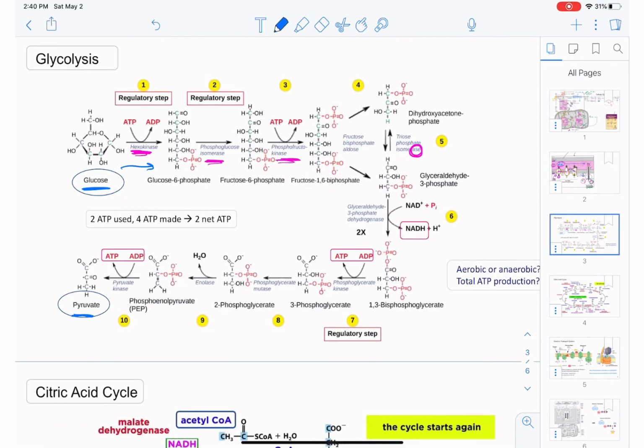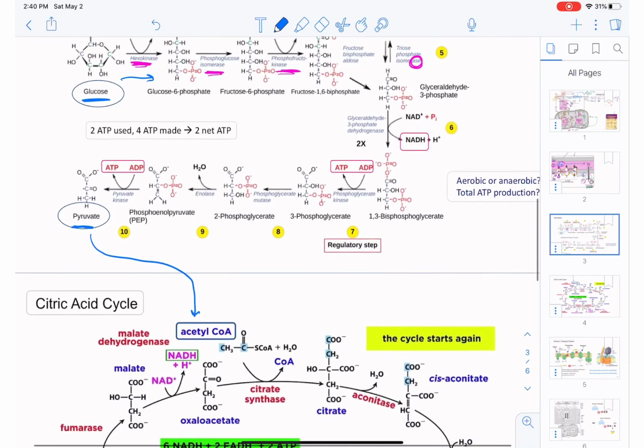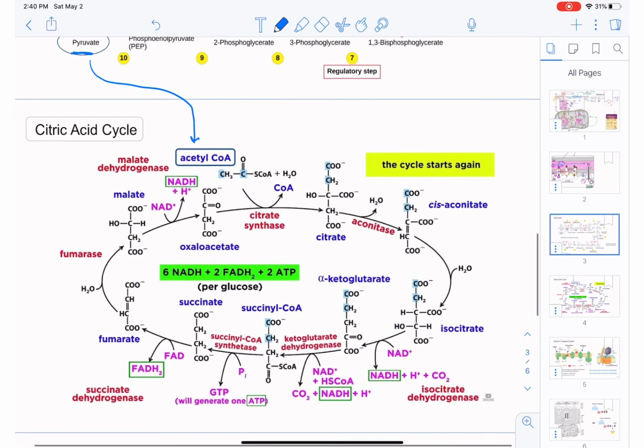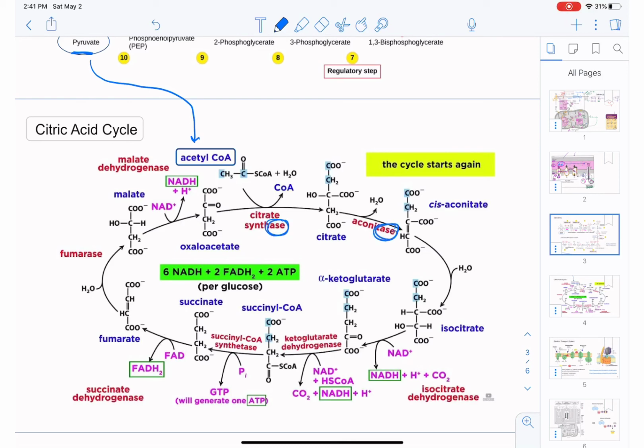What happens next? That pyruvate moves into the mitochondria, is converted to acetyl-CoA, and then acetyl-CoA enters the citric acid cycle, or the Krebs cycle. And again, you can see this is an extremely complex series of events that are all being facilitated by enzymes.